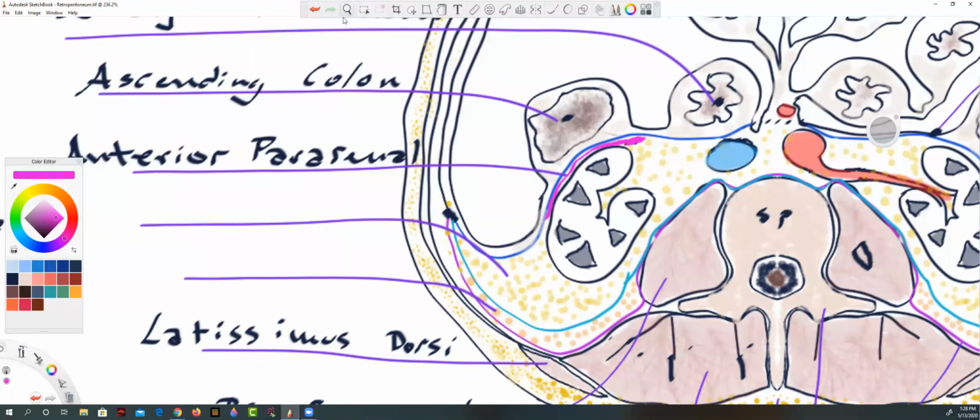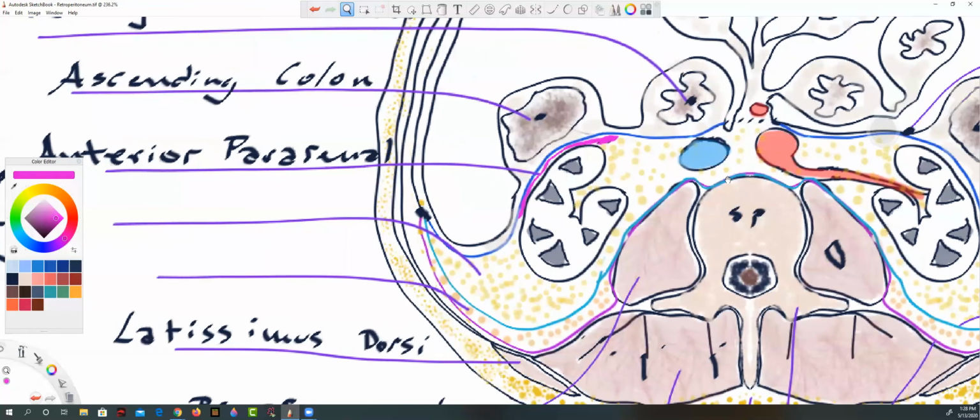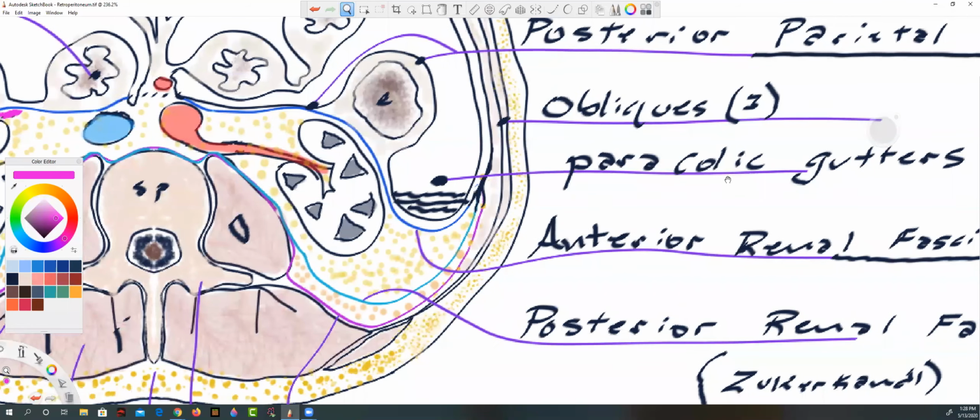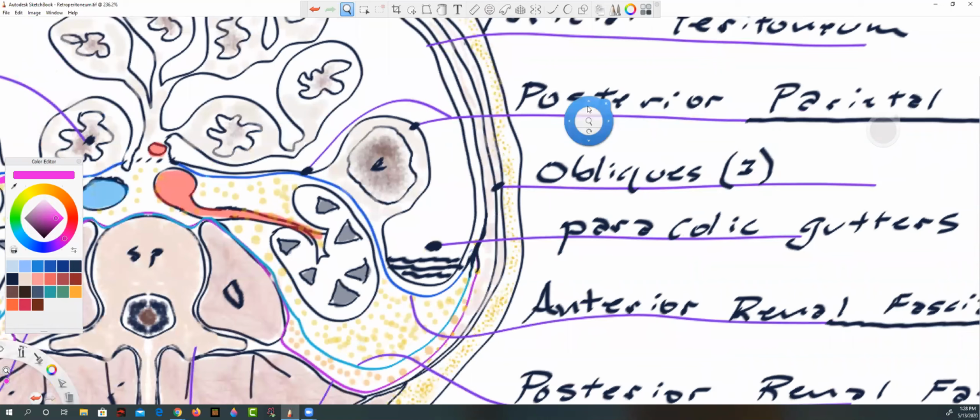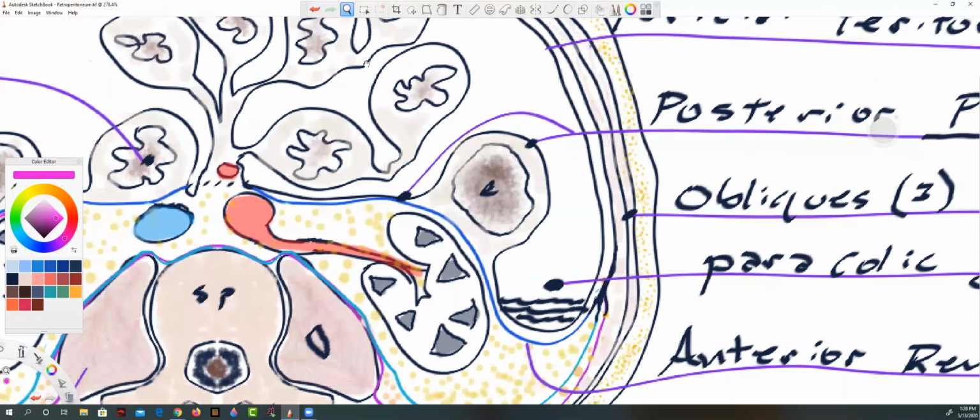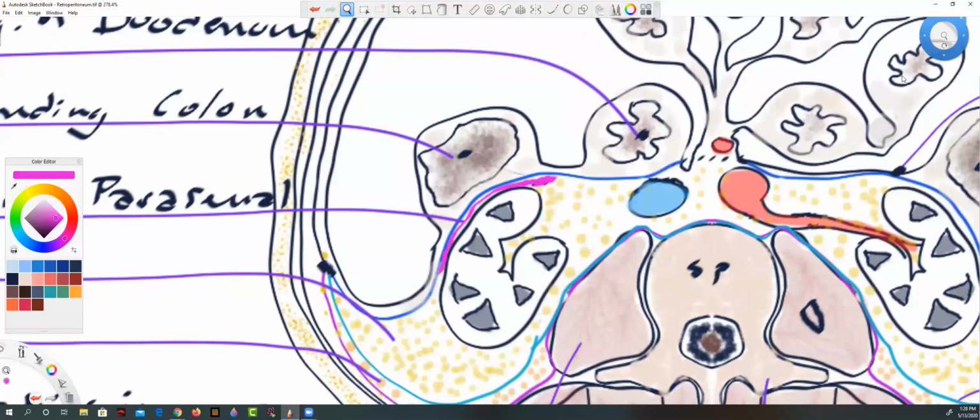Well, we had already said, where did we write it? There, we said posterior parietal peritoneum. That is not the blue, but the black line. Let's see what we have over here.